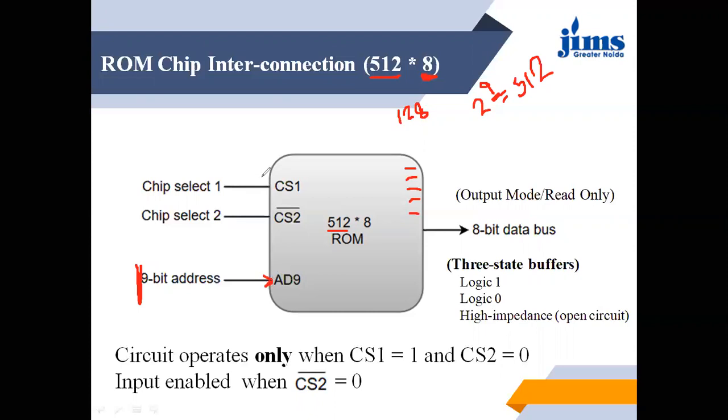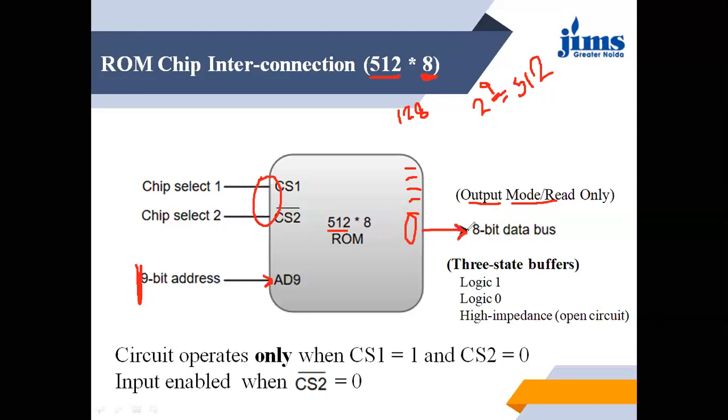These two are used for the operation, that which type of operations we can perform. But keep in mind, here in ROM we have to use only and only output mode, that is read mode. Means the information can only be read from the ROM, cannot be written to the ROM. This is the reason that at this time the data bus is unidirectional.